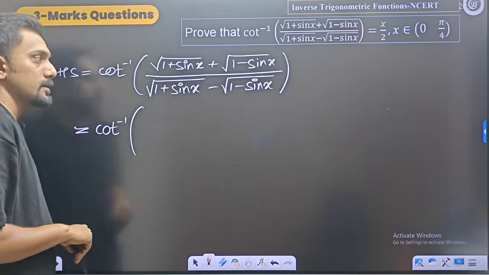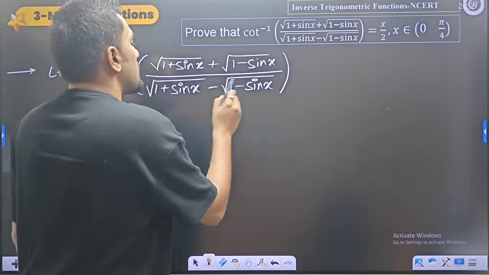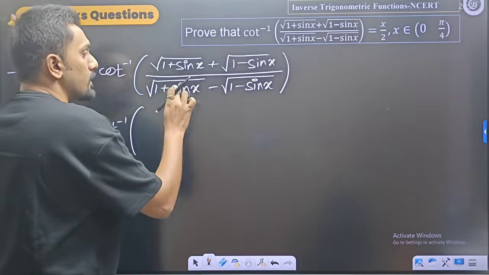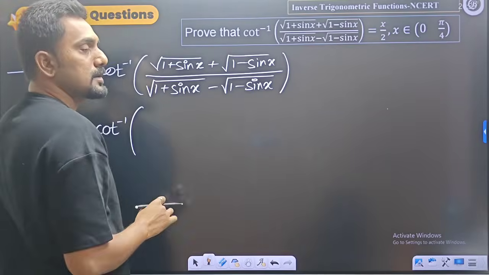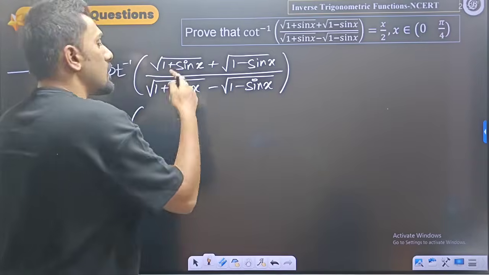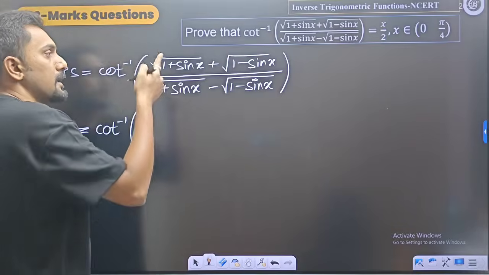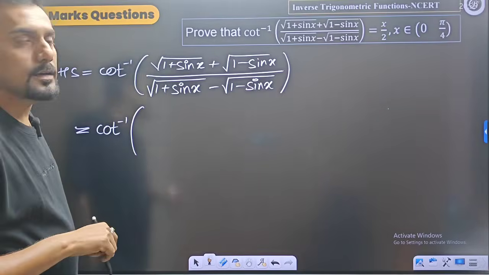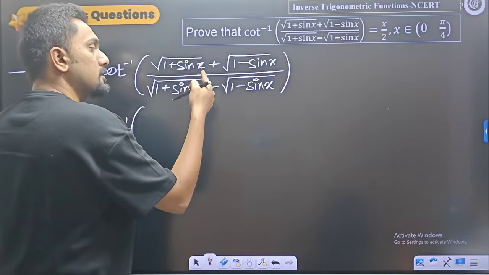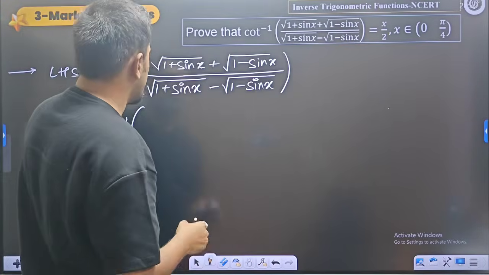Rationalizing the denominator. What is the conjugate of denominator? If I take this as root of a minus root of b, the conjugate becomes root of a plus root of b. Multiplying and dividing by what? Root of 1 plus sin x plus root of 1 minus sin x.